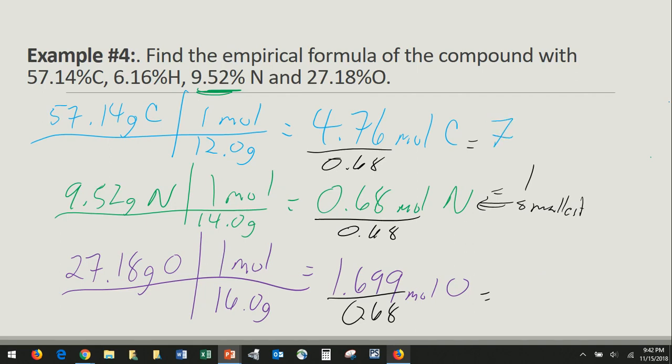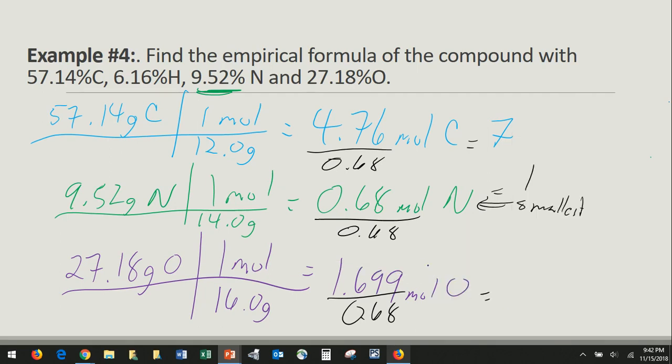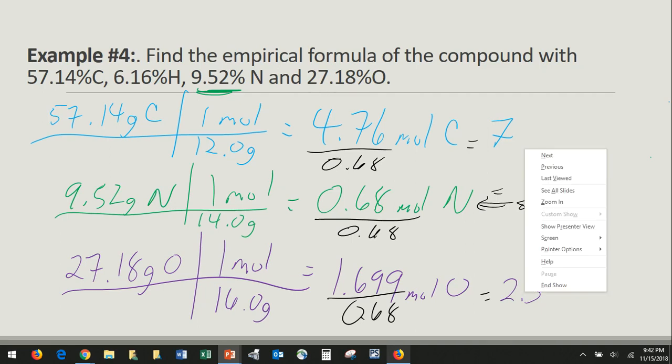And the oxygen will be, if I get to purple, 1.699 divided by 0.68, 2.498, which is basically 2.5. So what this means is our formula is C. Hold on a second.